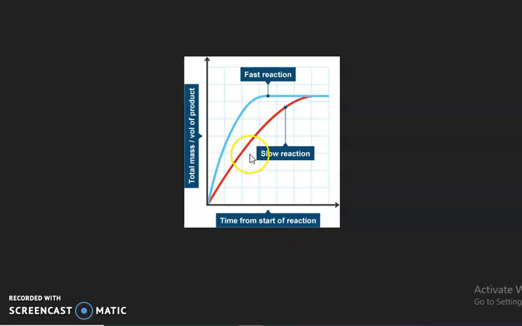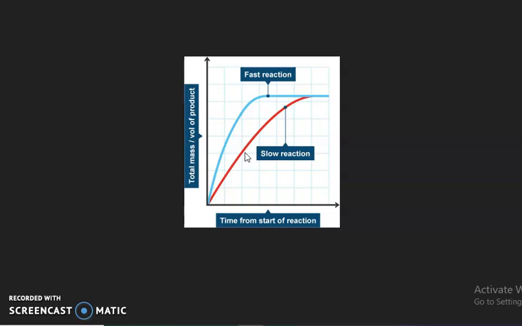The first graph is less steep, so this is a slow reaction, and the second graph is more steep compared to that. Here the red line is the graph which is less steep, and the blue line is more steep. So this particular experiment is having a slow reaction, and this particular experiment is having a fast reaction.